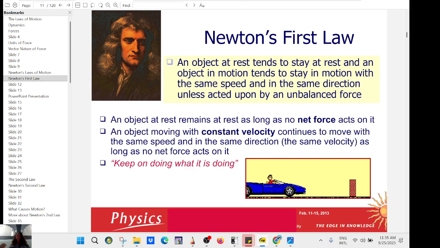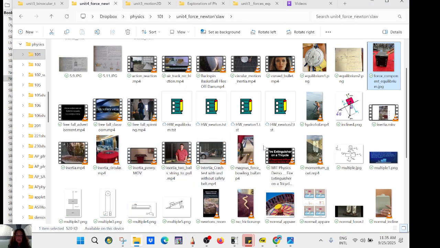It's not that intuitive. So if an object is at rest, it wants to stay at rest. And if it was in motion, it wants to stay in motion at the same speed along the same direction unless acted upon by a force. Okay, so this is called the law of inertia.